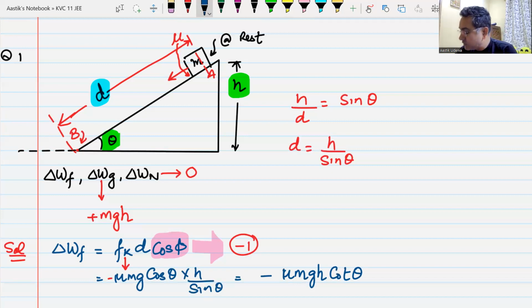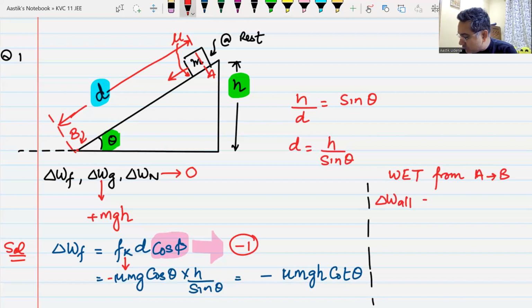Now I can find out the kinetic energy of the block or the velocity of the block. How will I do it? I will apply WET. WET means work energy theorem. I will apply this work energy theorem from point A to point B. Work energy theorem states that work done by all forces is equal to the change in kinetic energy. What is the work done by all the forces here? We have the work done by gravity, which is plus mgh.